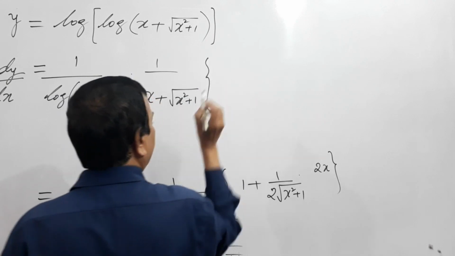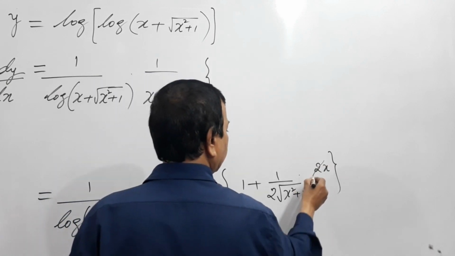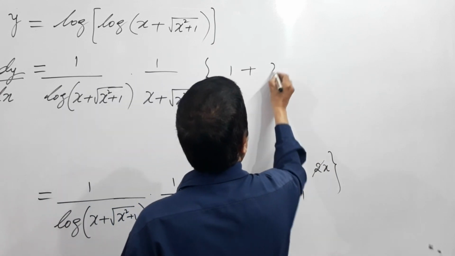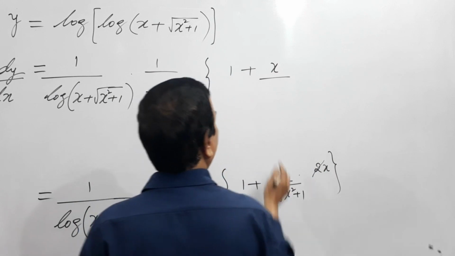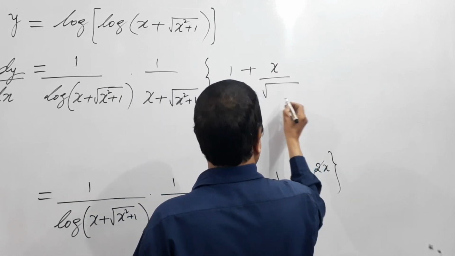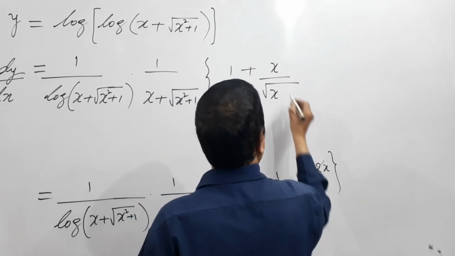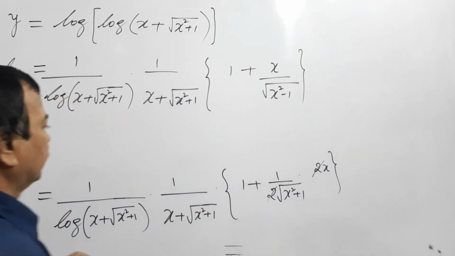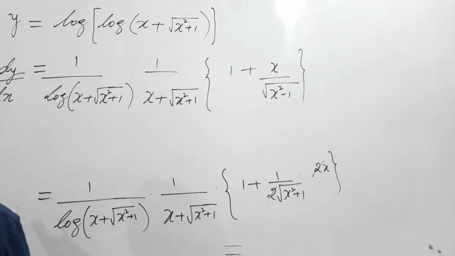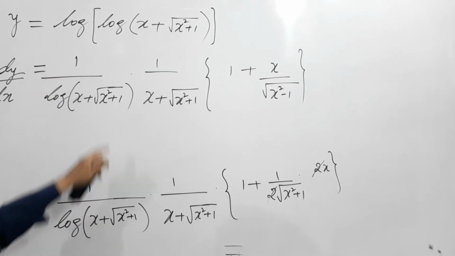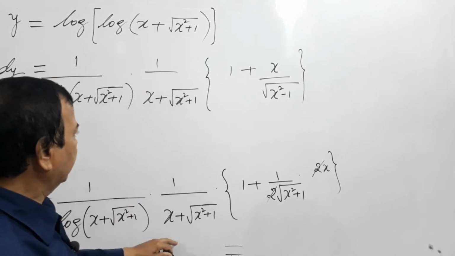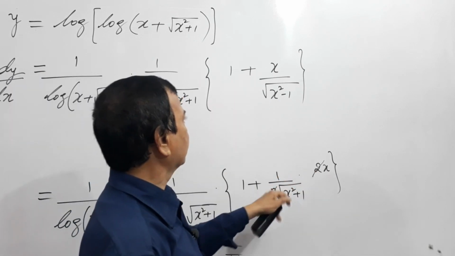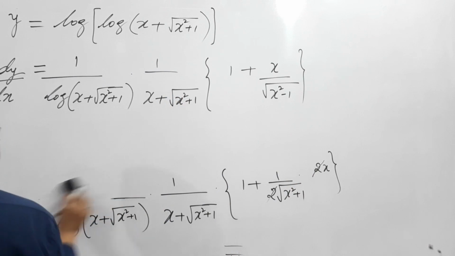I'll use this bracket as it is. So this 2 cancels, and this becomes 1 plus x by under the root x square plus 1. Okay, done.